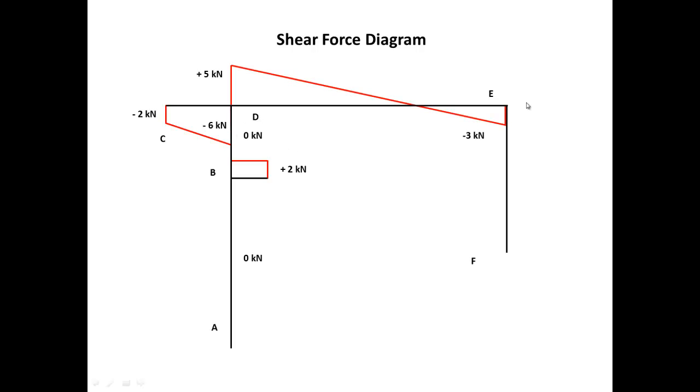For DE, we're just assembling whatever we had before. We had 5 going up and decreasing like this linearly, and going up here at -3. And for the last part, which is EF, it's going to be 2 positive at the bottom and negative, or I'm sorry, it's 0 at point E.